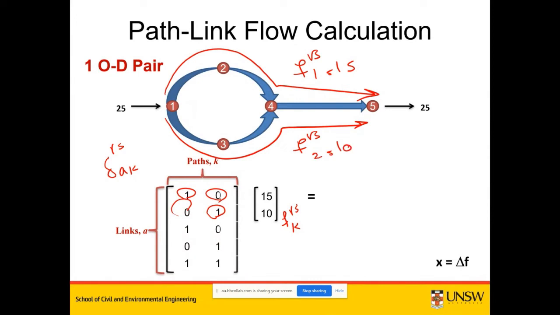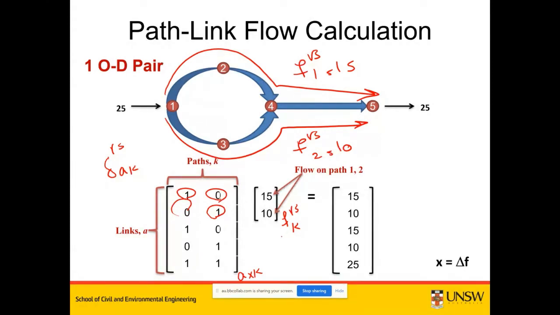If we multiply this adjacency matrix by the vector representing the path flows, the dimensions are A by K, and the other matrix is K by 1, where K is the number of paths. So the resulting matrix will be A by 1, which is exactly correct, and A is the number of links.